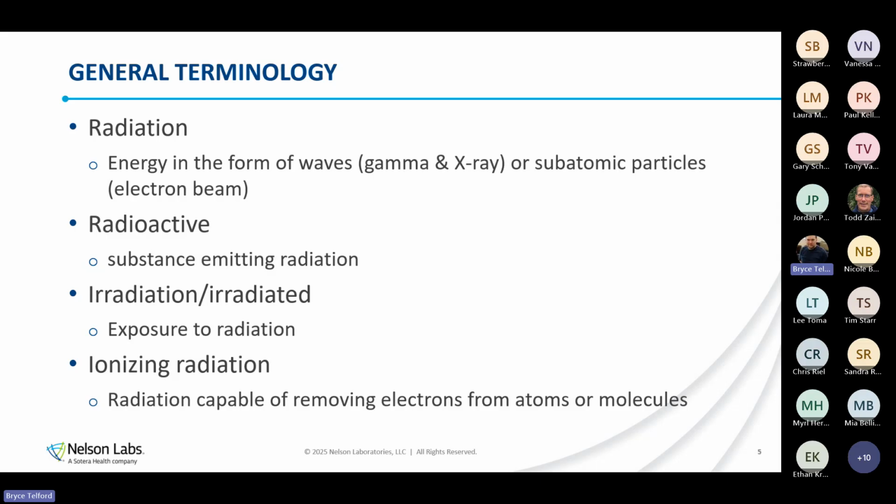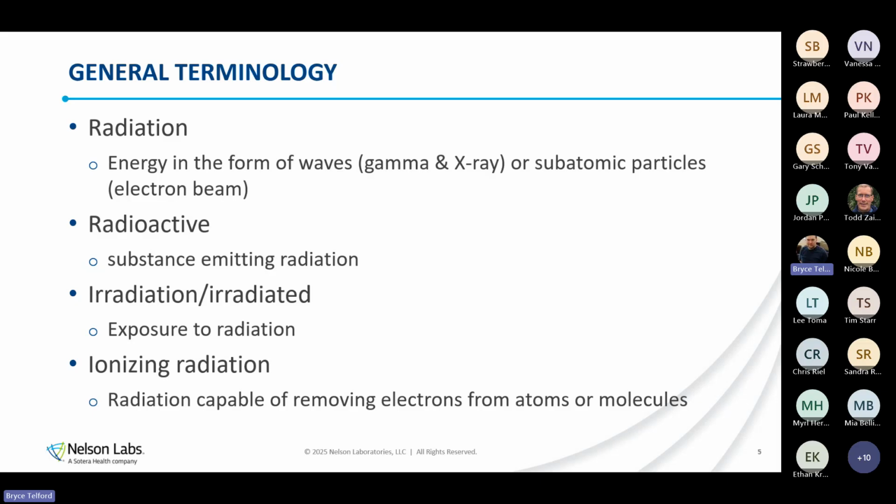There is a difference between irradiation and what we refer to as induced radioactivity. Just because I irradiate something does not mean it becomes radioactive. In order for something to become radioactive, there has to be a nuclear, meaning an interaction with the atomic nucleus interaction.